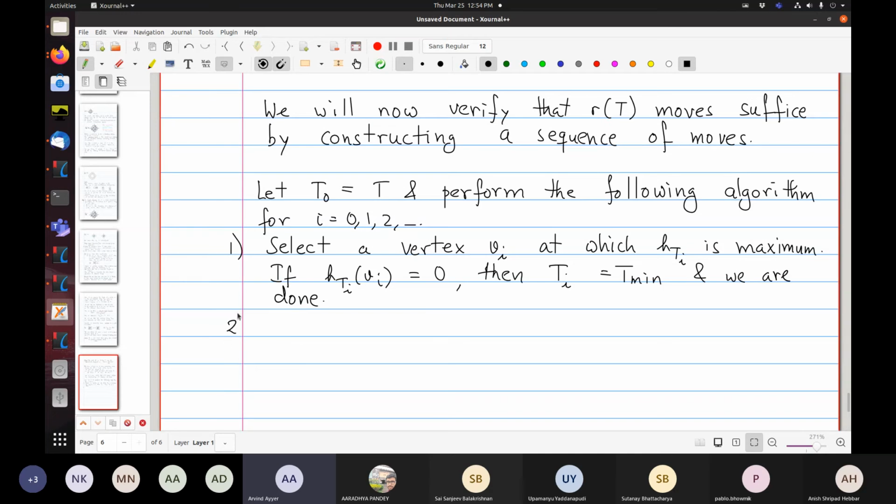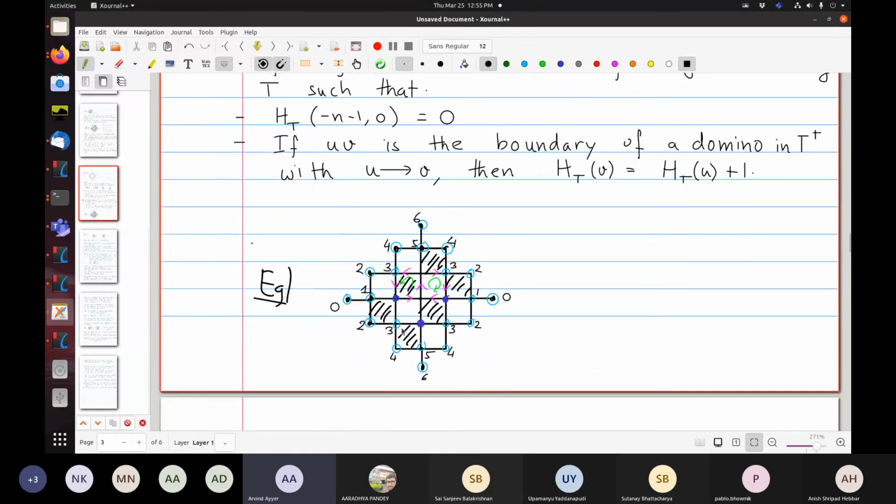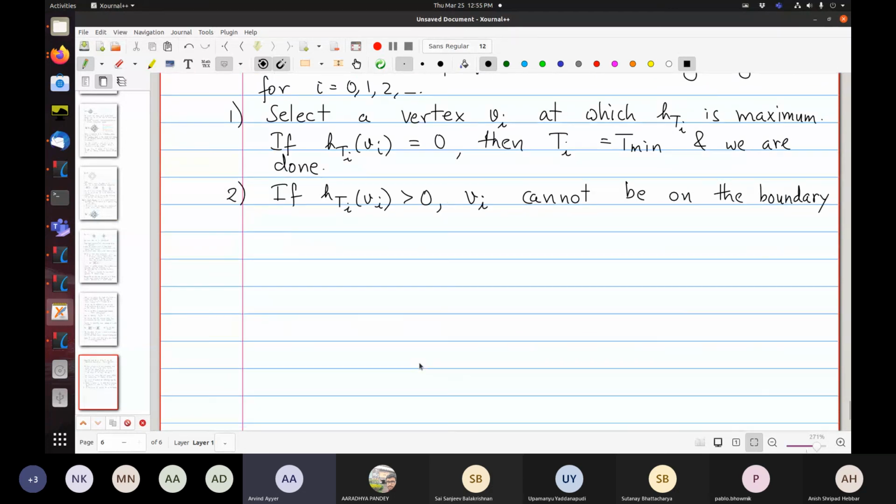If not, so if H Ti of Vi is strictly greater than 0, Vi cannot be on the boundary, since the heights on the boundary are always fixed, so the reduced height on the boundary is always 0. So Vi cannot be on the boundary.